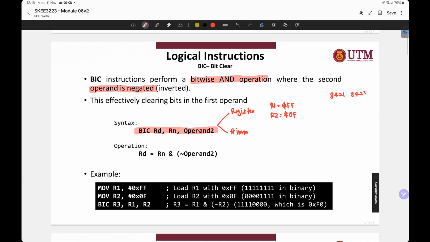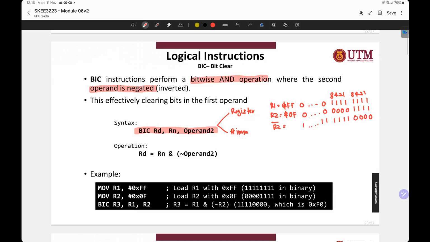FF is 1111, 1111, followed by 0s. 0F is 00001111. Then after that, we need to invert the R2. Now your R2 will get 11110000 and so on, with 1s till the end.